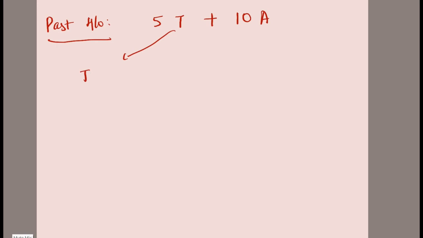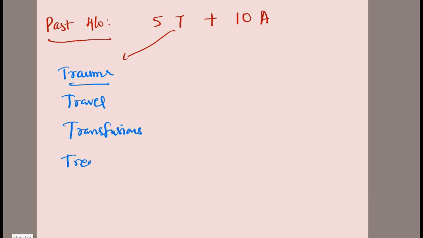So after the history of present illness, you need to take the past history. Remember this: 5T plus IOA. So it stands for any history of trauma, any travel, any transfusions before, and treatment history, medication history, any previous medications taken.